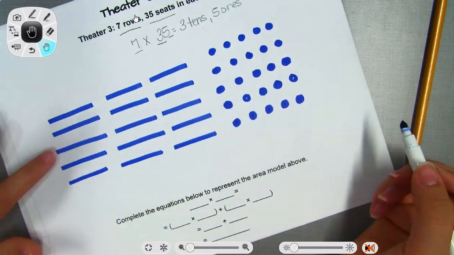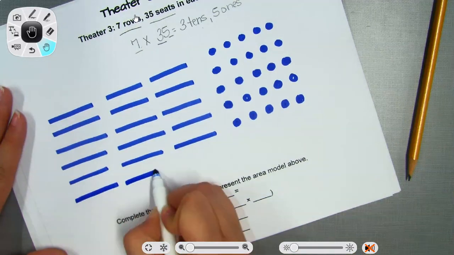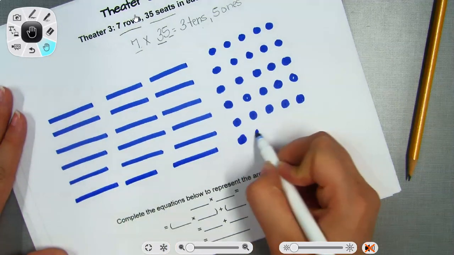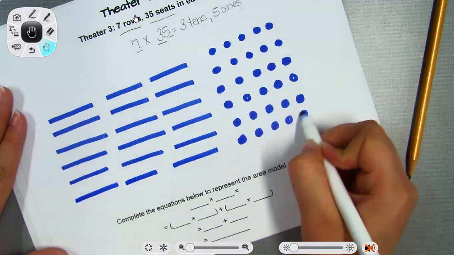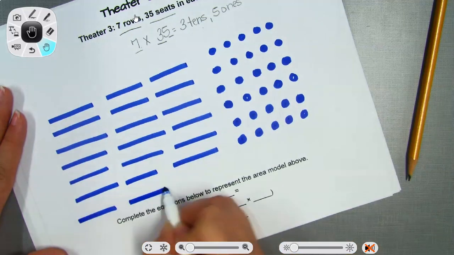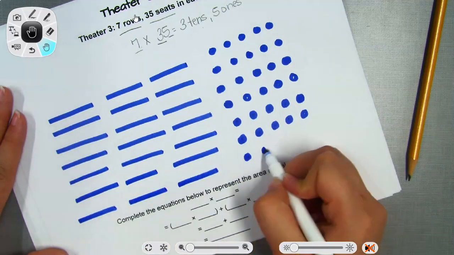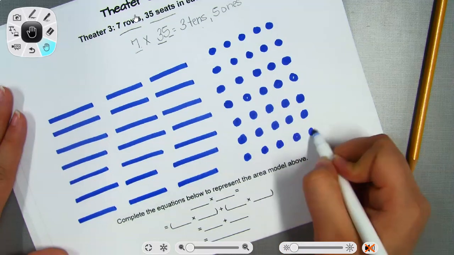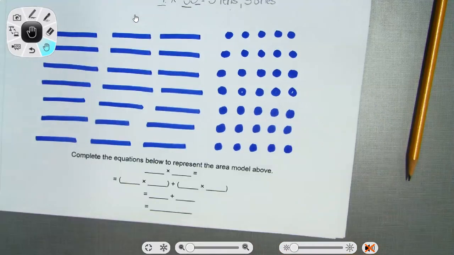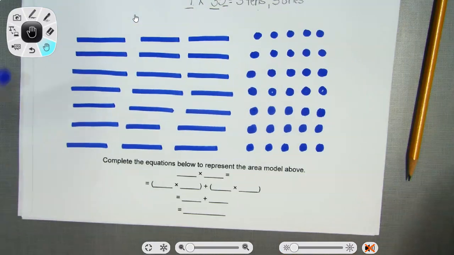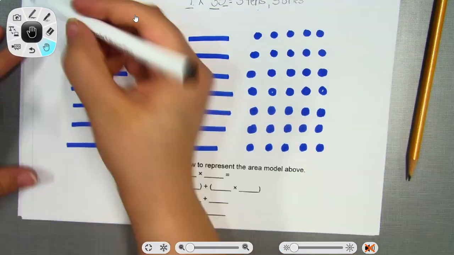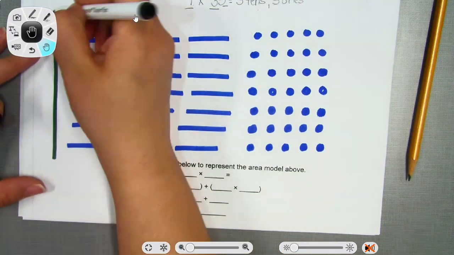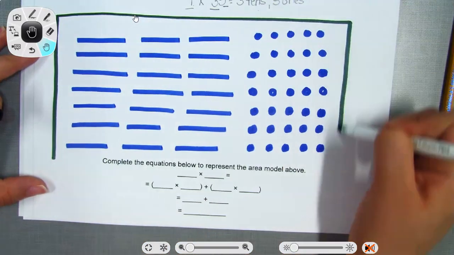So 1, 2, 3, 4, 5. Here's 6. Here's 7. Okay. So I'm going to trace over it. So I'm going to do a rectangle.